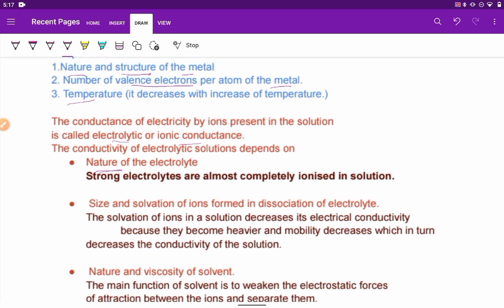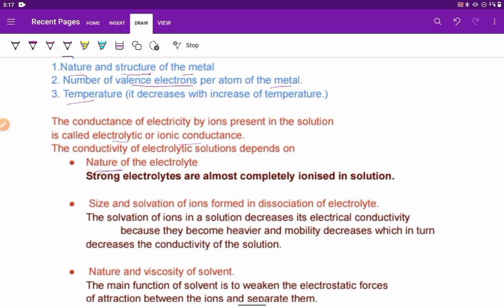Second is size and solvation of ions. When the dissociation of the electrolyte takes place, the size and solvation of ions is important. Solvation of ions in the solution will decrease the electrical conductivity.